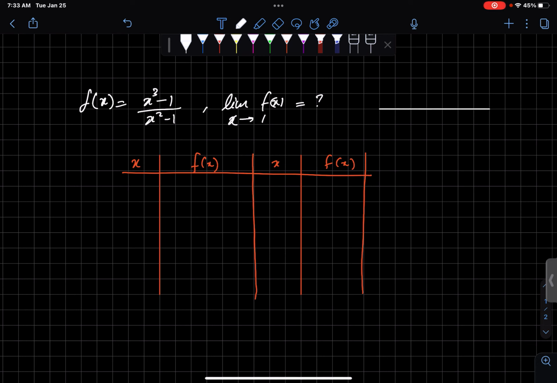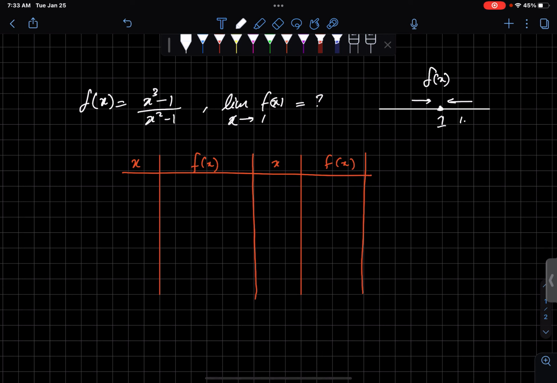So we have x equals 1 here, and we're going to approach this number from both sides. We're going to get closer and closer to this number from both sides and see what happens to the function f of x as we do that.